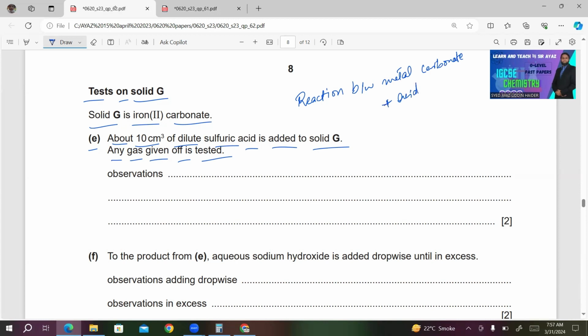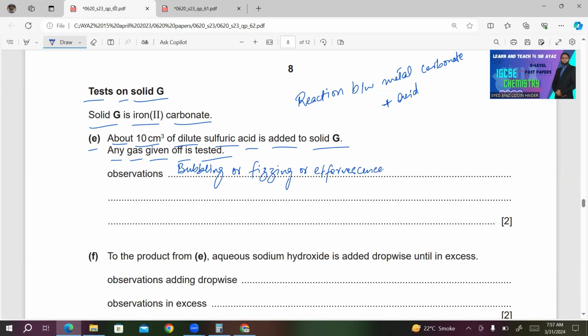Whenever you have metal carbonate and acid, you will always see bubbles of fizzing. So you'll write bubbling or fizzing. You can even write effervescence.